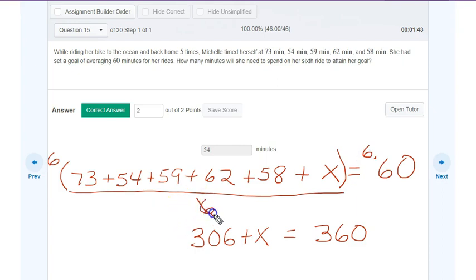So here now that 6 cancels out, and here this 6 times 60 is 360. So when I add this up then, I get 306 plus x, and then to solve it I just subtract 306 from both sides, and I get x equals 54. And that's my answer, and this is how it's done.